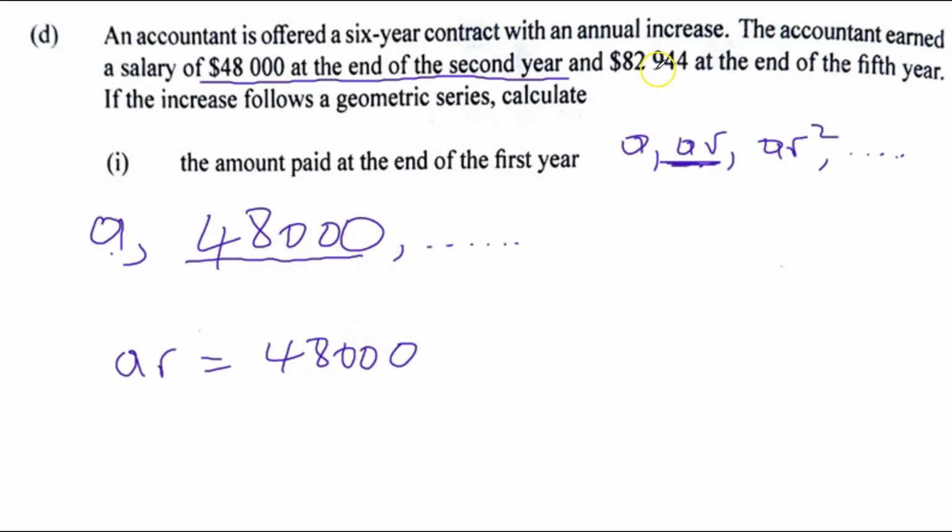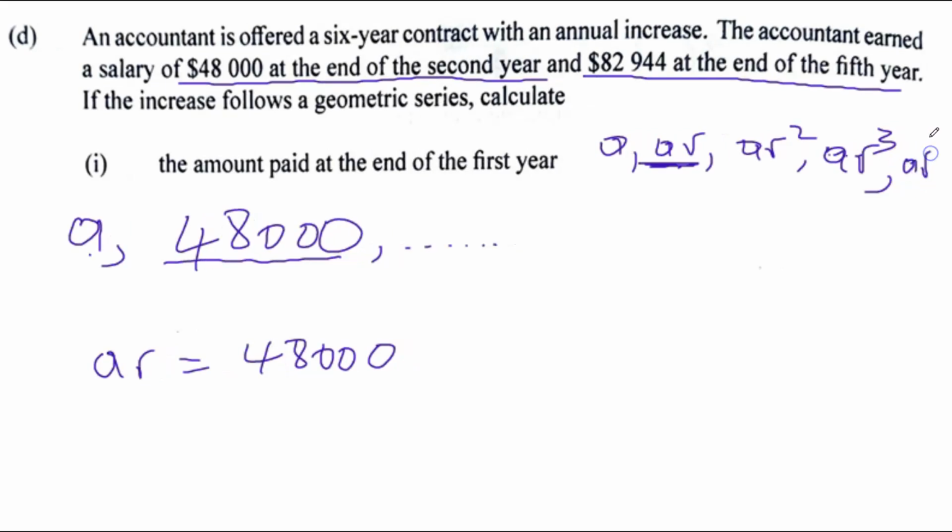And we're also told that at the end of the fifth term, that salary is 82,944. So first term A, second term AR, third term AR square, fourth term AR cube. So the fifth term would be AR to the fourth power.